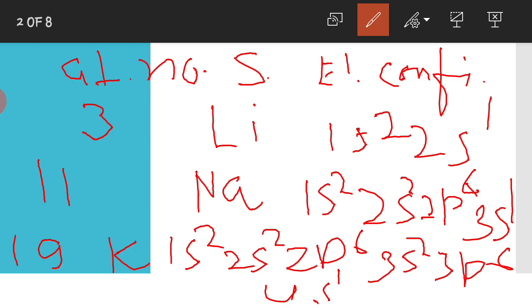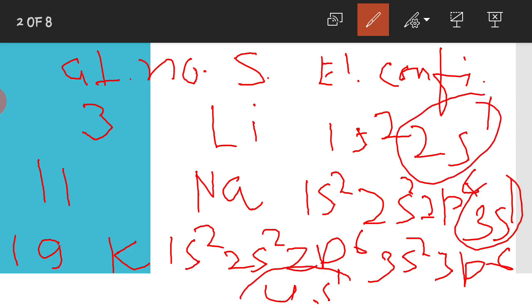Here, in the above electronic configurations, 2s1, 3s1 and 4s1 are equal, and the only change is in 2, 3, 4, which means n is equal to 2, 3, 4.